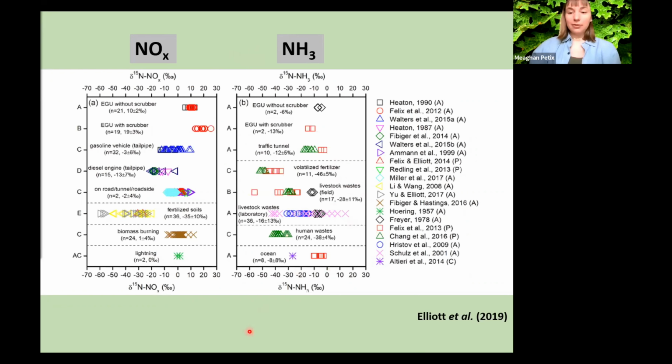And you can see that the NOx source values tend to be more positive. So here's the range of delta 15N values at the bottom of each figure. And so these emission sources tend to be more positive than the ammonia deposition sources. However, there's quite a bit of variation for each of these sources, as well as overlap between the sources, which makes things quite tricky.